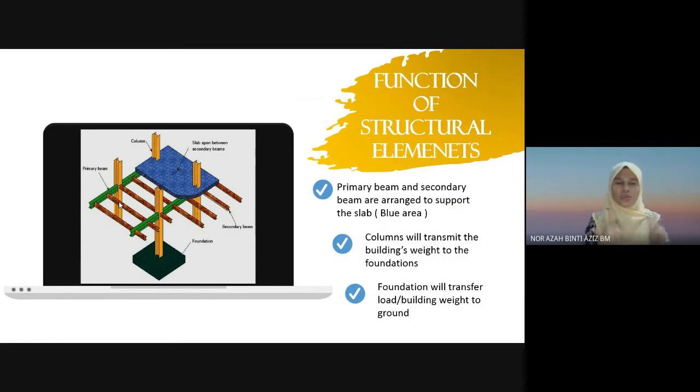Column will transfer the whole load of the building to the foundation. Then foundation, as the lowest part of structural element, will support load from column and it will transfer all the load of the building to the surrounding ground.